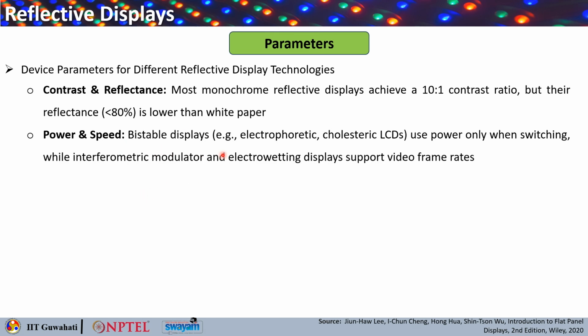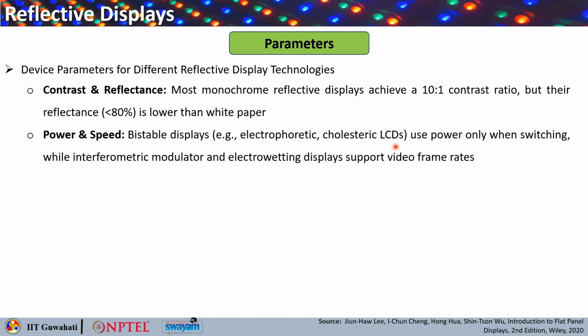Bistable displays, which are like electrophoretic or cholesteric LCDs. Cholesteric liquid crystals are also known as chiral nematic liquid crystals. We will go into the details of this when you go deeper in the course. They are basically a type of supramolecular assembly and a subclass of liquid crystal which are characterized by their chirality.